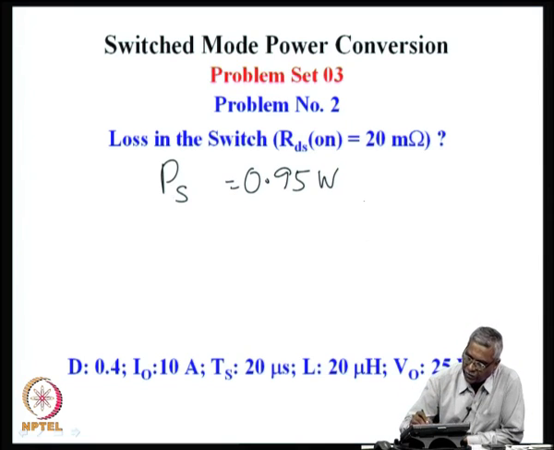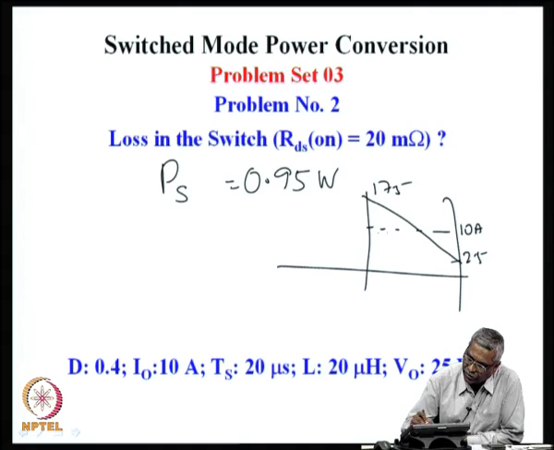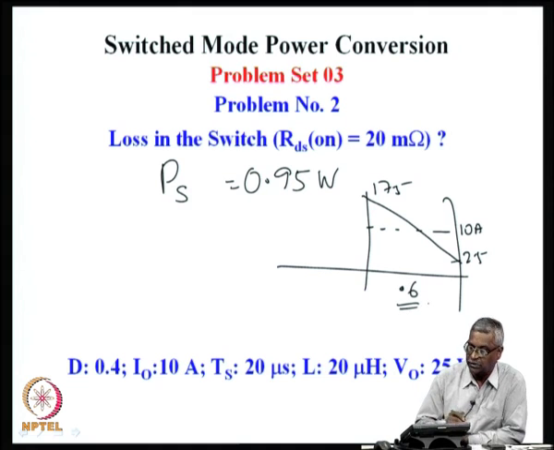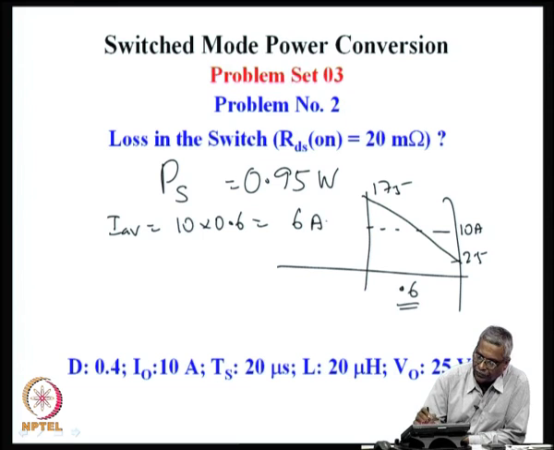The diode also carries the current during the off time. If you see the off time, same 17.5 to 2.5, the average of this is 10 amperes during this time, but this is only a duty ratio of 0.6. So, you can say that I average in the diode will be 10 into 0.6, which is 6 amperes.